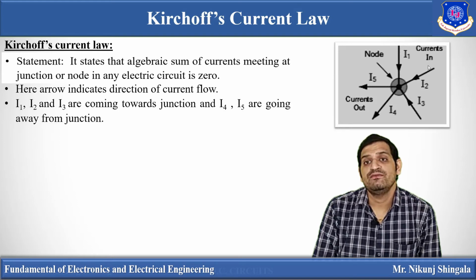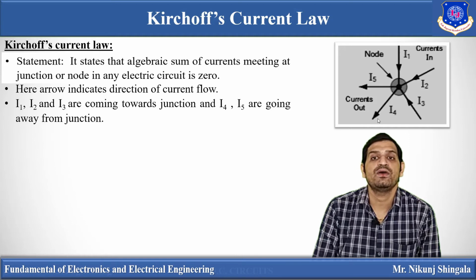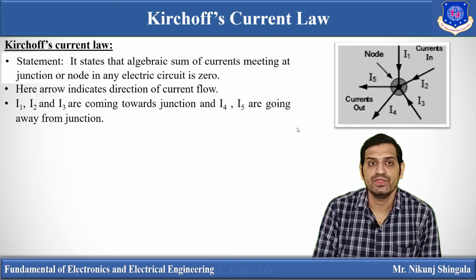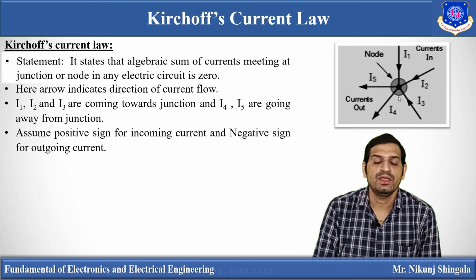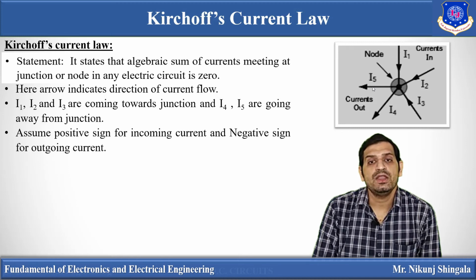I1, I2, I3 are the incoming currents, and I4 and I5 are the currents coming out from the junction. Suppose we assume positive current direction for I1, I2 and I3 and negative current direction for the currents going outside, that is I4 and I5.